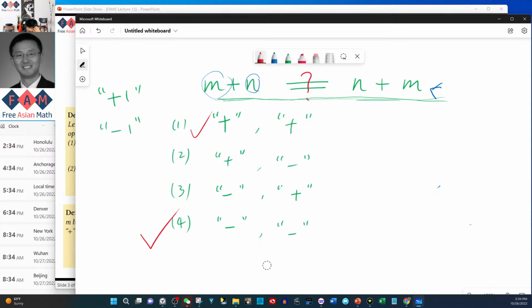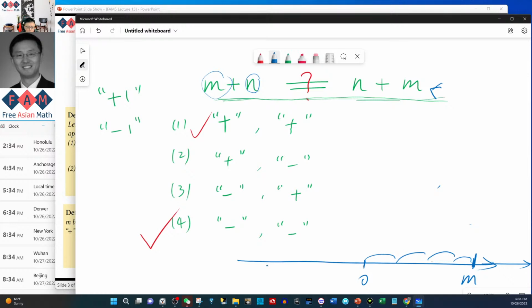What if m is a positive integer and n is a negative integer? What that really means is that on this number line, if we start at 0, we first have m. So we somehow do m increments to get m.